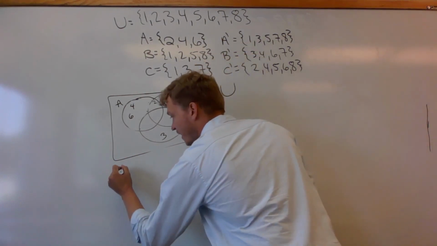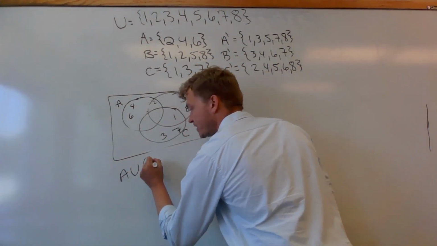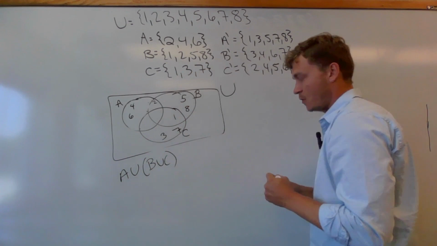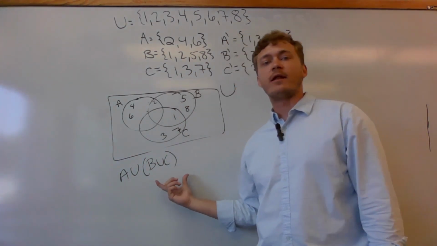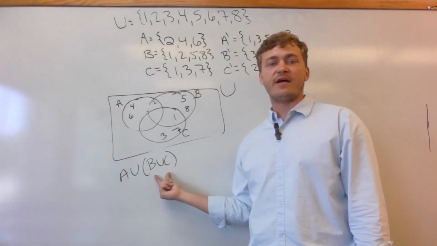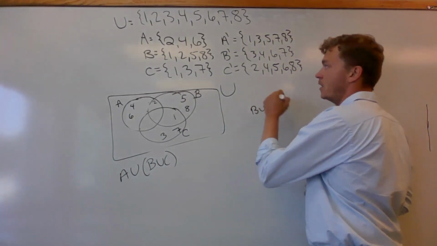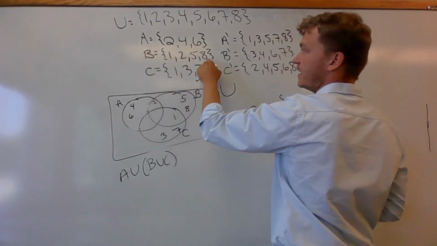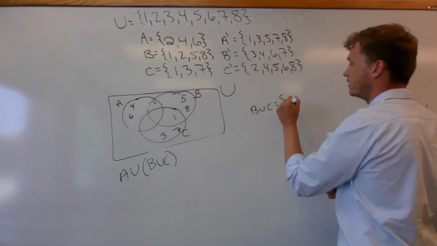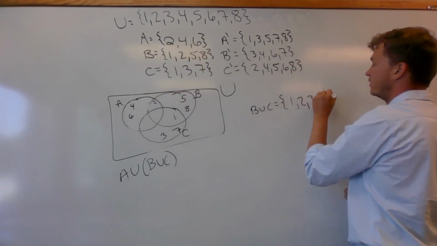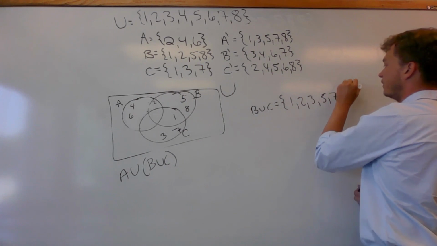We're trying to determine A union, and in parentheses, B union C. Well, logic dictates, and mathematically we've been taught, to start with parentheses. If I find B union C, I'm bringing together B and C. 1, 2, 5, 8, 1, 3, 7, I'm bringing all that together: 1, 2, 3, 5, 7, 8.